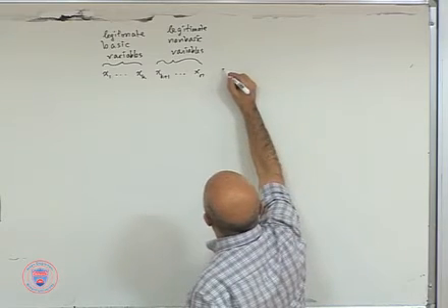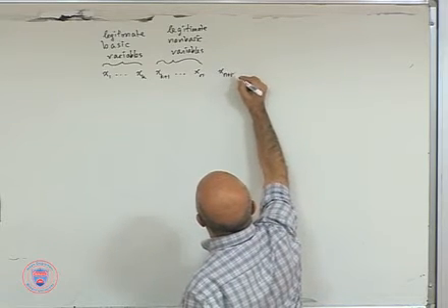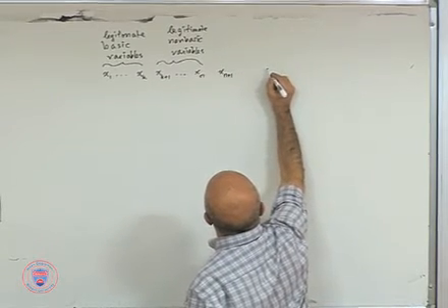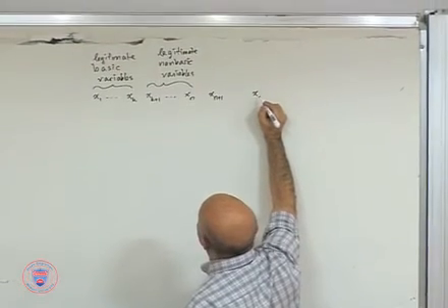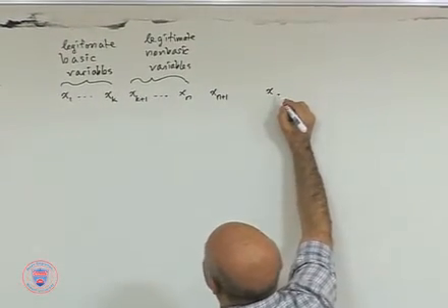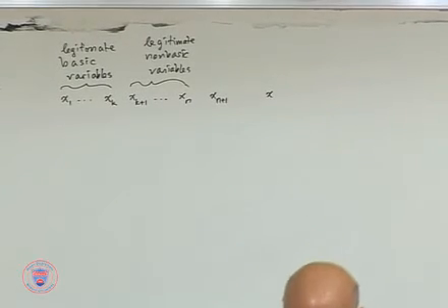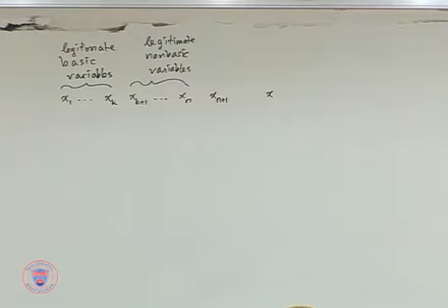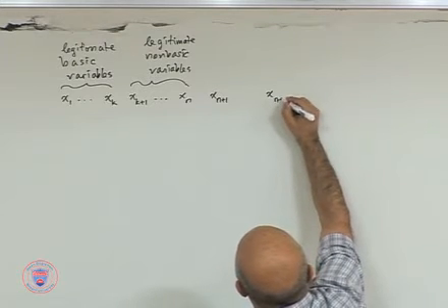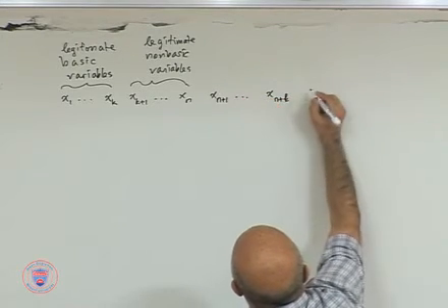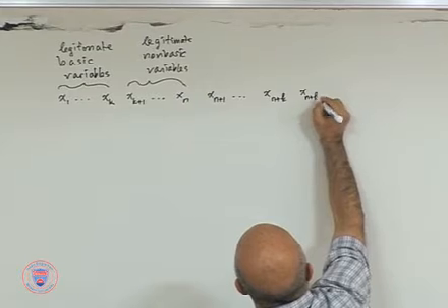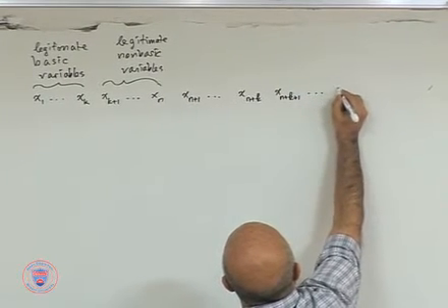Then we have xn plus 1 up to xn plus k. And then we have xn plus k plus 1 up to the last one.